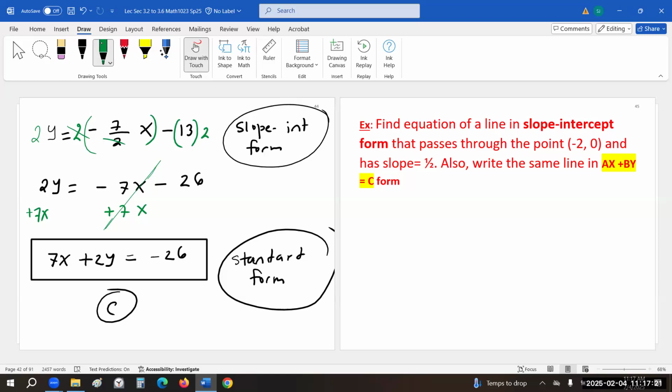Jeremiah. Maya, right? Y minus y1 equals slope times x minus x1. So what did you substitute here?